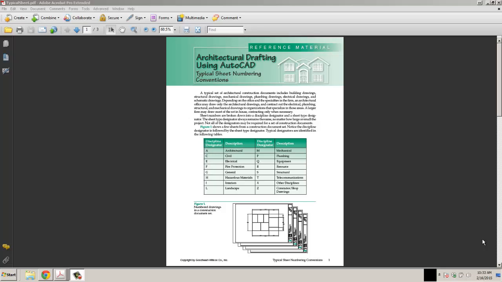There are two components to any type of construction document set, and that is the drawing portion and the specifications portion. We not only give graphic representations of what we want to put in there, but we also include specifications, written descriptions of the material that we're putting into our building construction.